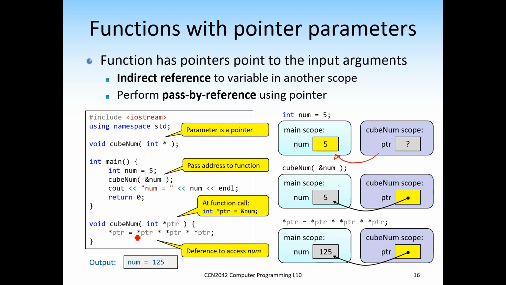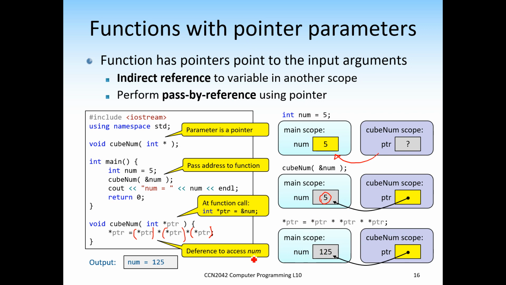It means dereference the pointer, multiply dereference of the pointer, multiply dereference of the pointer. In other words, we are looking for the dereference, that is the num out there, and then we multiply it by itself 3 times. So 5 times 5 times 5 turns out to be 125.